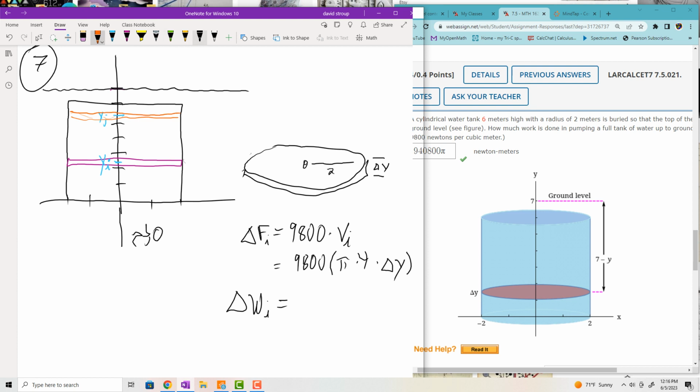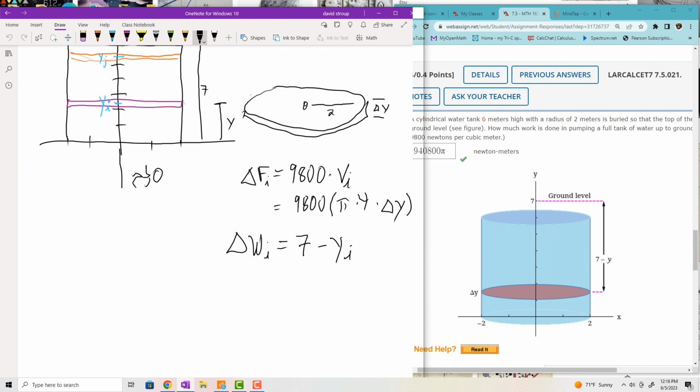To figure that out, it's just going to be this height, which is 7, minus the position of the particular disk, which in this case is y. So for y sub i, the distance traveled has to be 7 minus y sub i. And you see that given in the picture on the right.